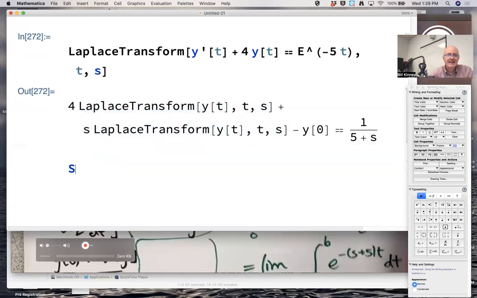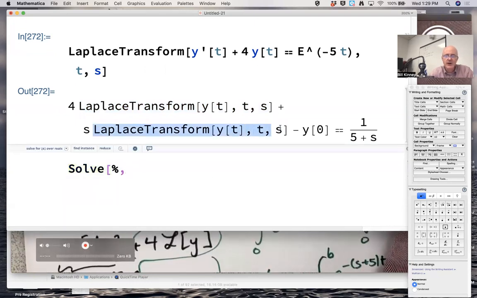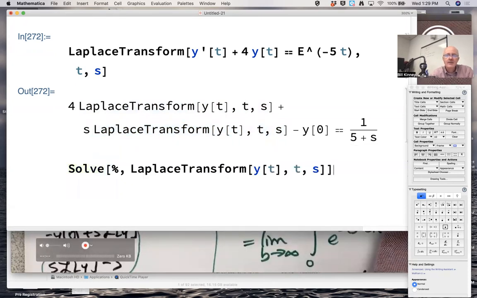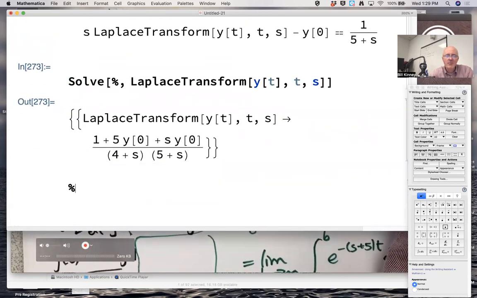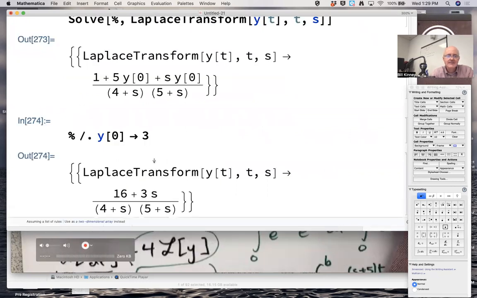We can get Mathematica to solve that last output for the unknown Laplace transform. Get that. We can then take that output and substitute in y of 0 equals 3 like this.